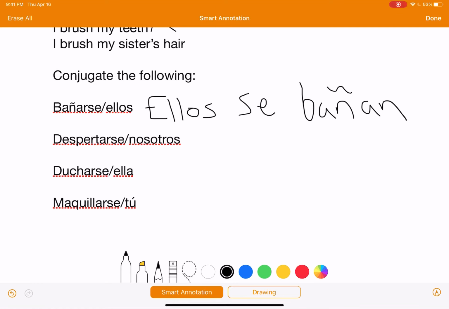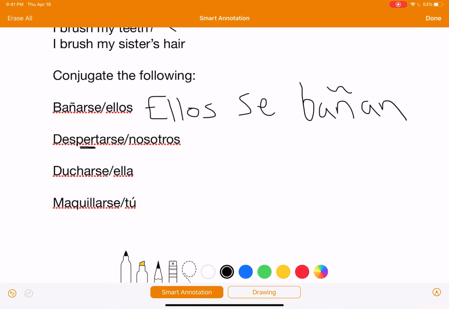Now remember, with despertarse, this verb has a stem change right here. That E changes to an IE. So let's conjugate my verb despertar, because I took off my reflexive pronoun se. I just have to conjugate my verb. I'm conjugating for nosotros.